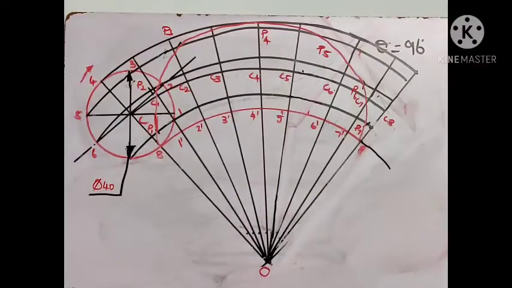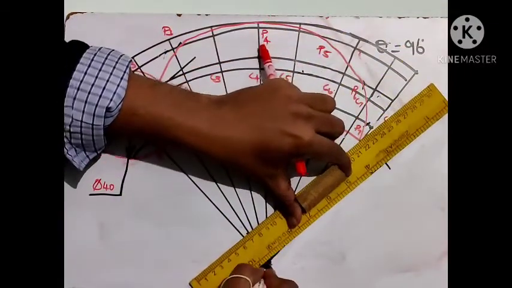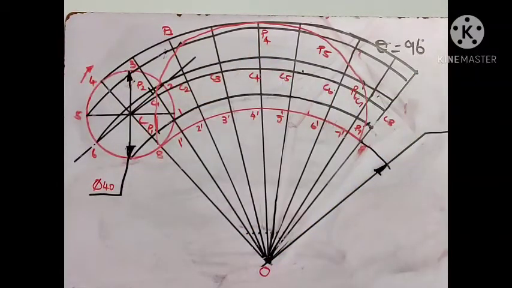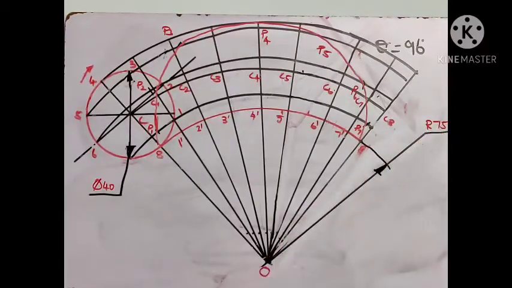And from O, you make a line like this. Mention this as R75. And the third thing is the angle. You can mention it inside, or you can extend these two lines and mention it here, which is nothing but 96.